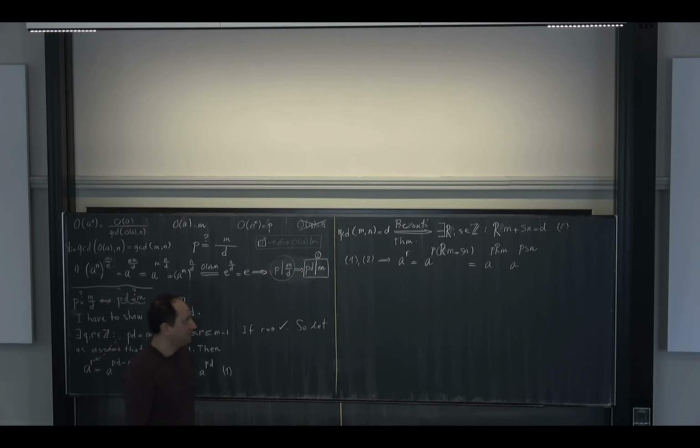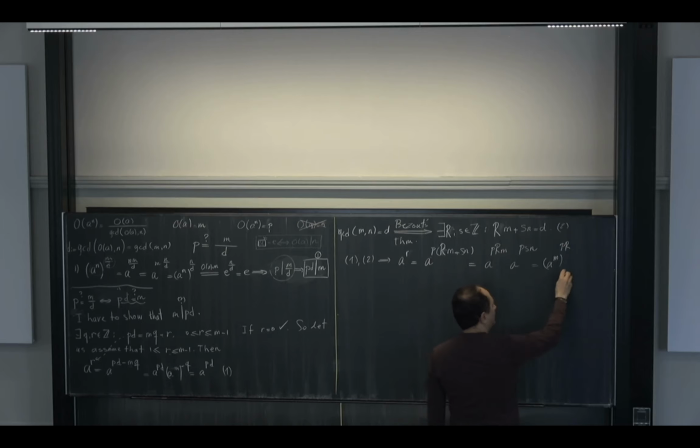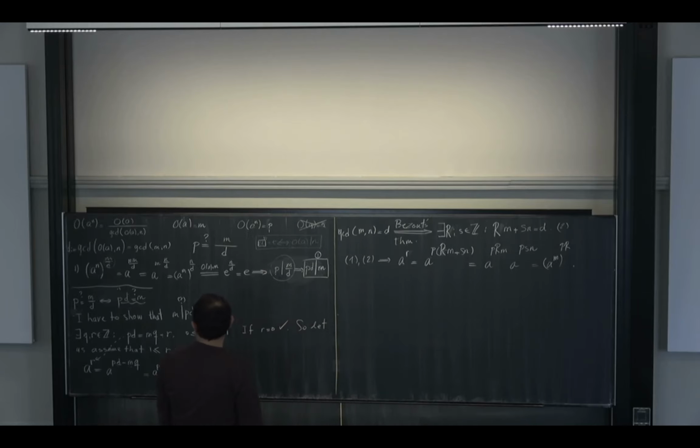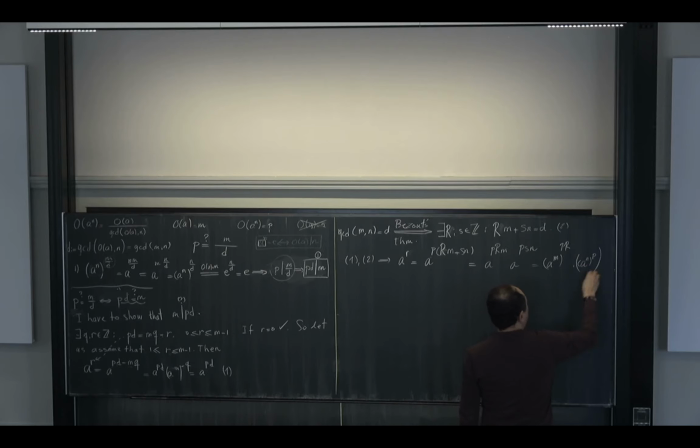A to the power of M is identically A to the power of M. So you say that I write it as A to the power of M to the power of P R, and this one? A to the power of P N to the power of P. Yes, very good. So A to the power of N to the power of P to the power of S. Yes?